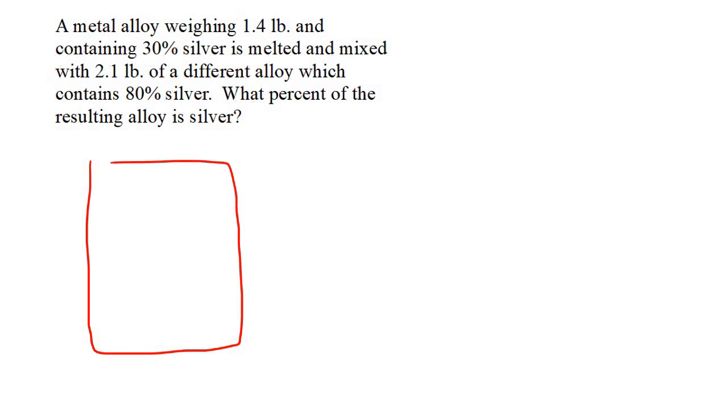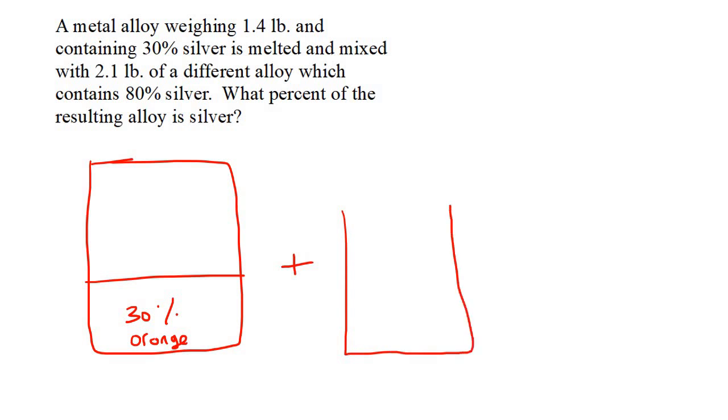Maybe you have a solution here which is 30% orange juice, and then the 70% would be water. But we usually won't mention that part, so we'll just say 30% orange juice, and then you're going to add that to a maybe smaller one. So maybe this one here is 2 gallons, for example.